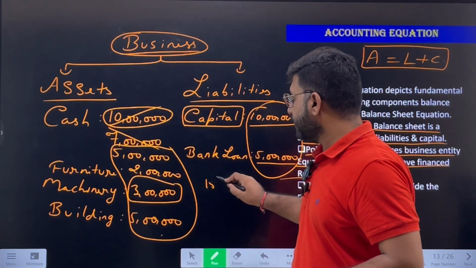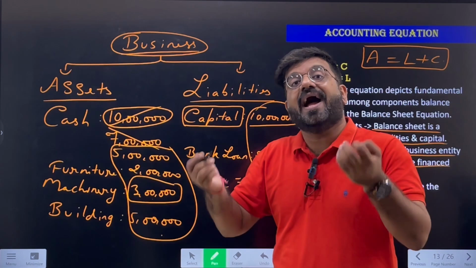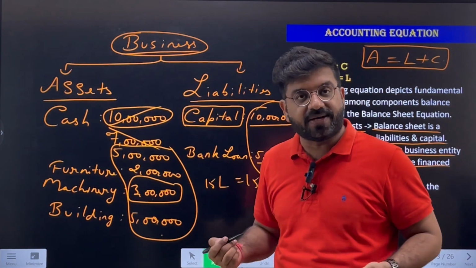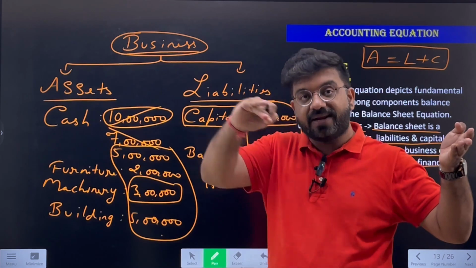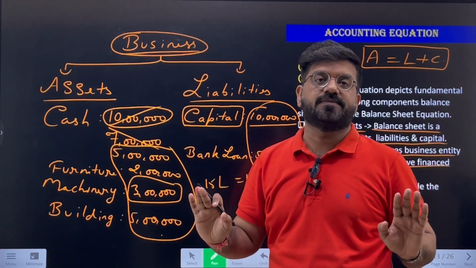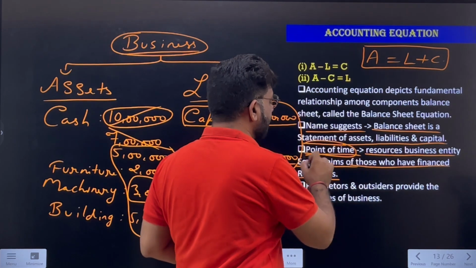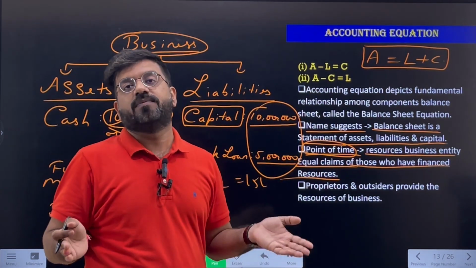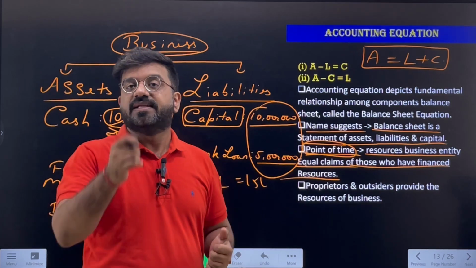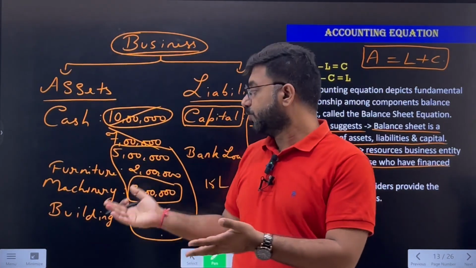So in total, we have 15 lakhs worth of resources and 15 lakhs worth of liabilities, which is to be paid back to the external and internal liabilities. Okay. So at a point of time, we can see that these are always equal, with different transactions they will always be equal, as I just made you write down.